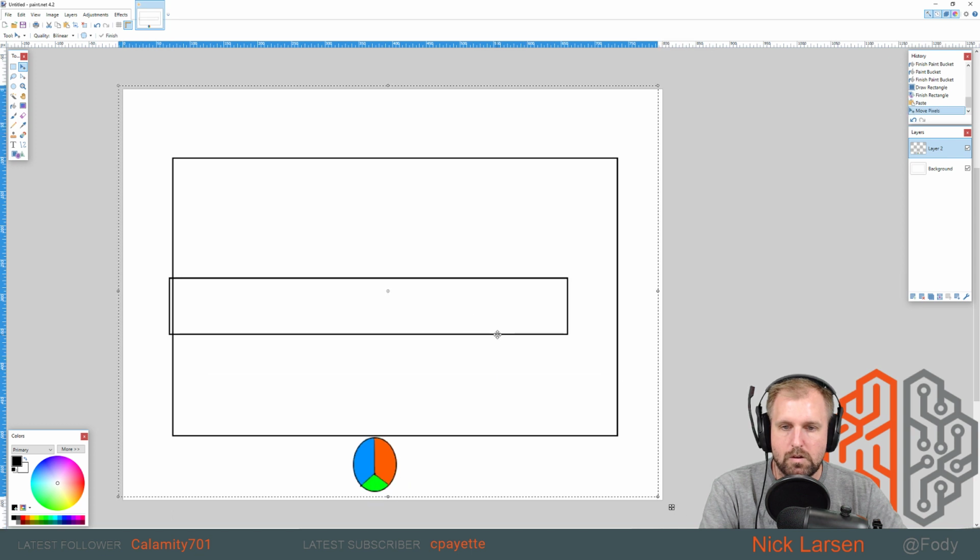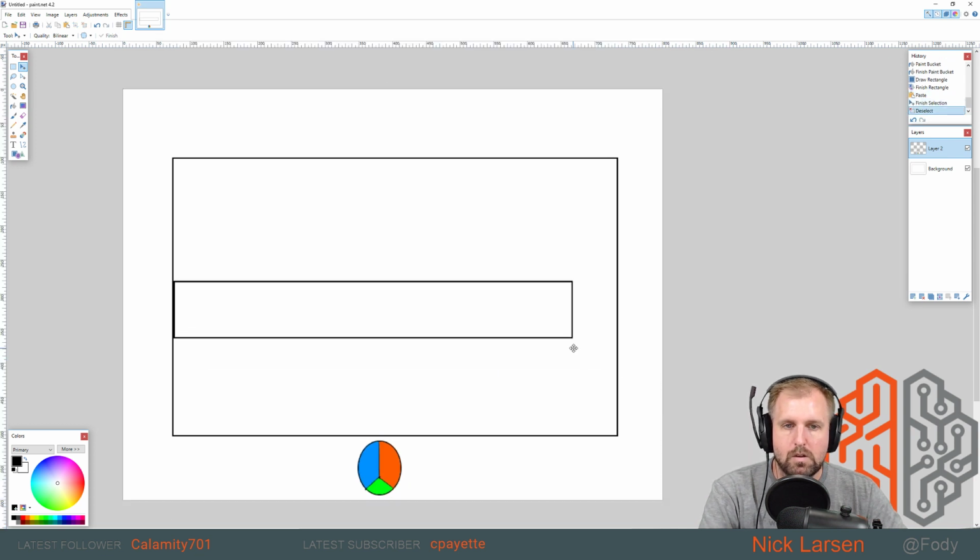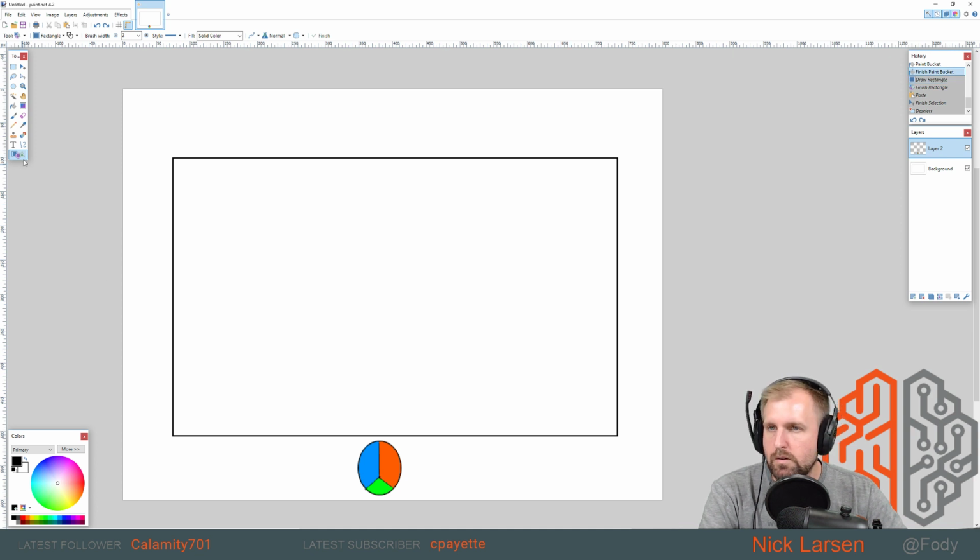So you have these unit slots that are like 4 by 3, so 4 by 6.